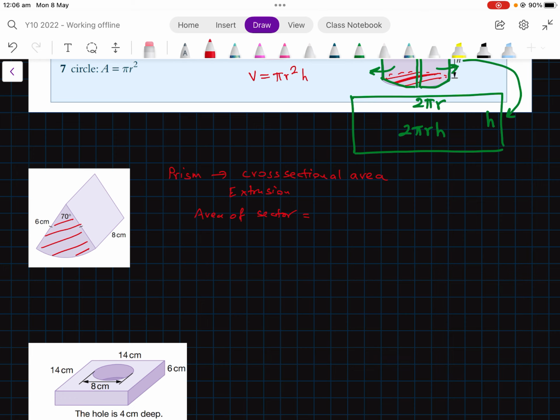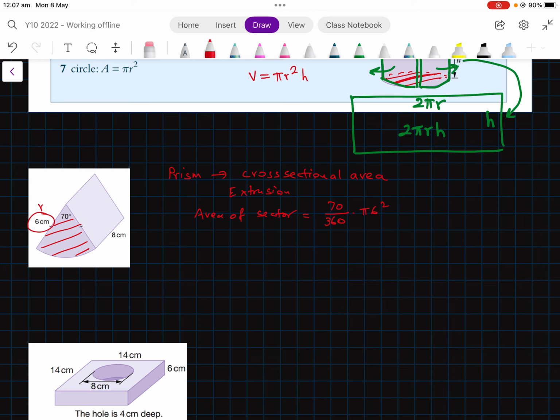If this happened to be a 360-degree sector, then it becomes a full circle, and the area of that circle is pi r square. Now r being 6 centimeters, so pi 6 square. But in this case, we only have a portion of the whole circle, and the portion is 70 degrees out of 360 degrees, and multiply that by pi 6 square, the area of the circle, we will get the area of the sector.